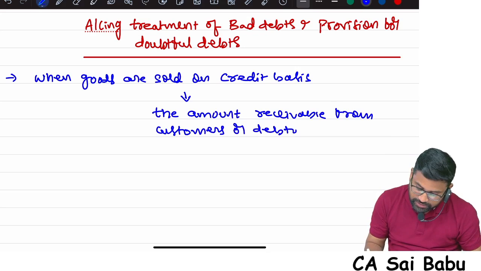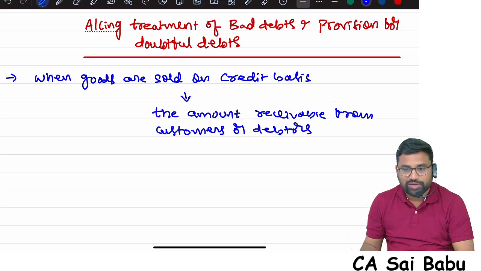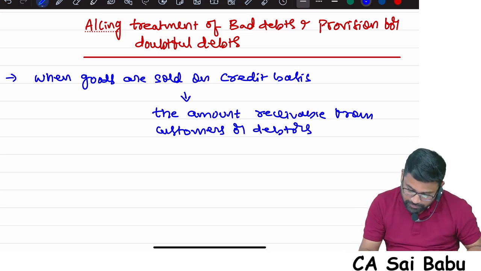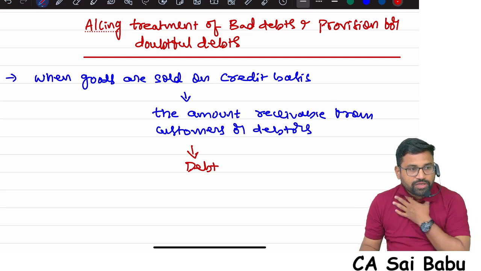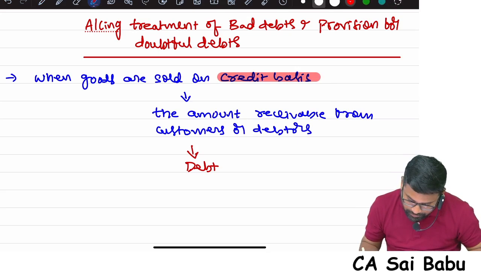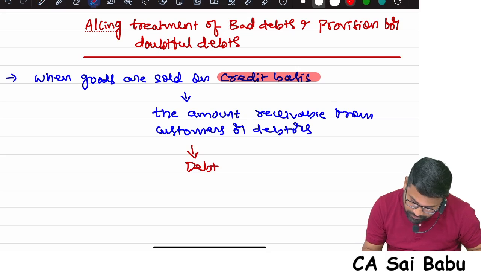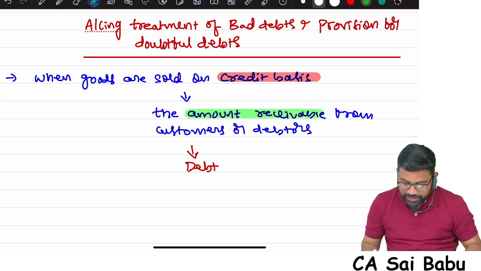Debtors, correct? The party to whom we have sold goods on credit basis, that party is called our debtors. This is called debt. When goods are sold on credit basis, the amount receivable from customers or debtors is called debt.